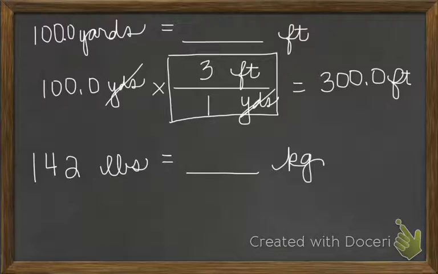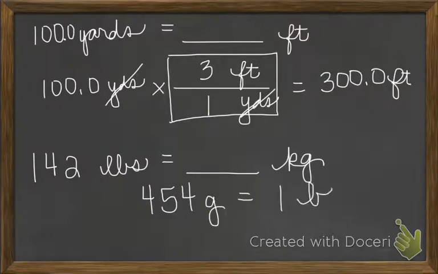And the conversion that I'm going to tell you is that there are 454 grams in 1 pound. Well, how is that going to help me? Because this asks for pounds to kilograms, and all you told me was how to get from pounds to grams. Well, we're going to have to use our metric system to go from grams to kilograms. So this is the conversion factor we have.